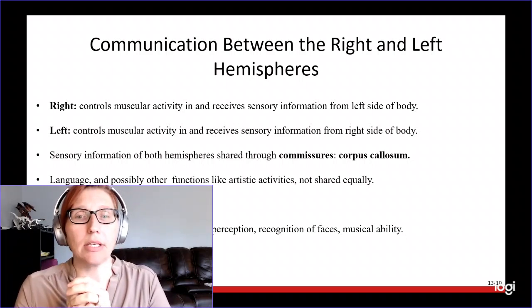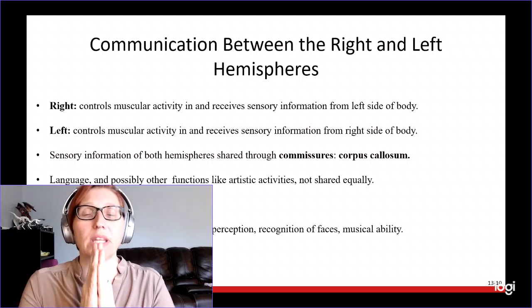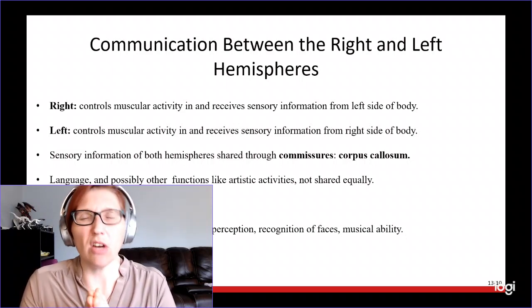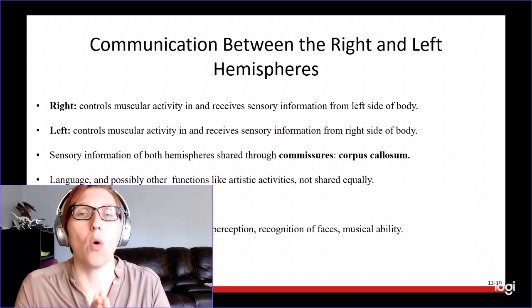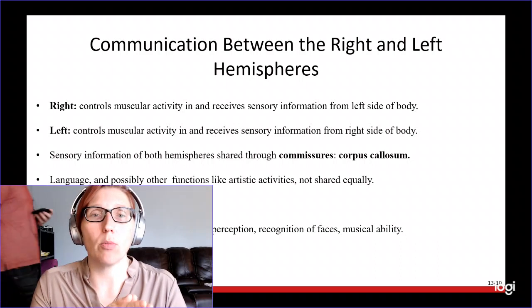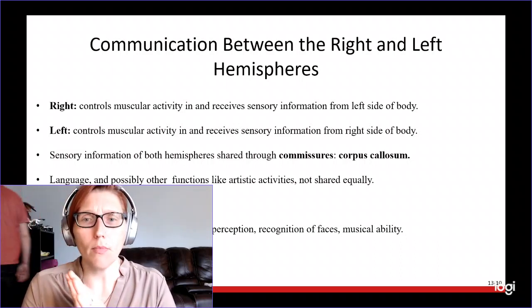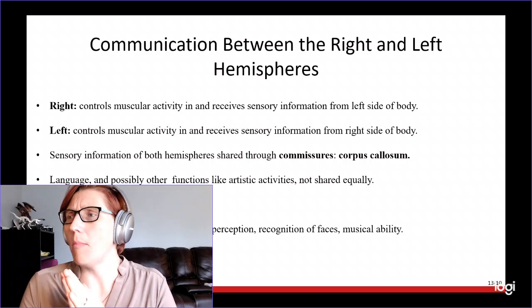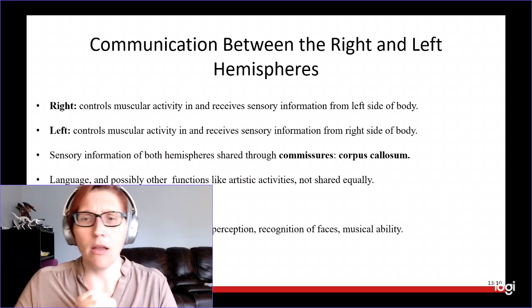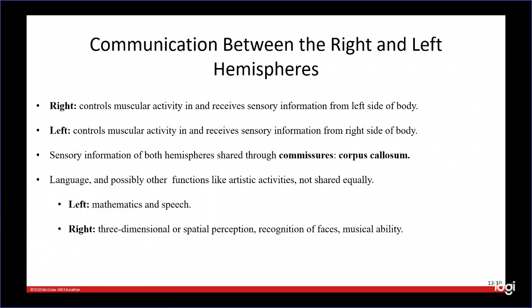And it happens between these commissures, specifically the one that we'll mention here. There are others, but primarily through the corpus callosum. So go back and look at your anatomy for the brain structure and kind of put 2 and 2 together on that.